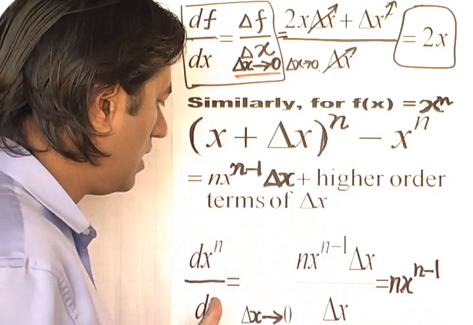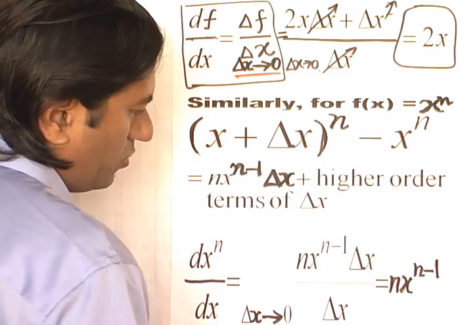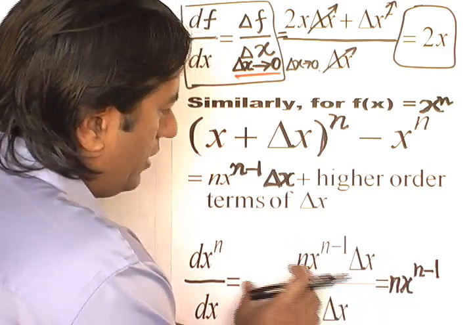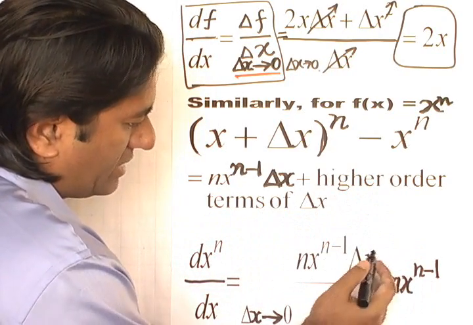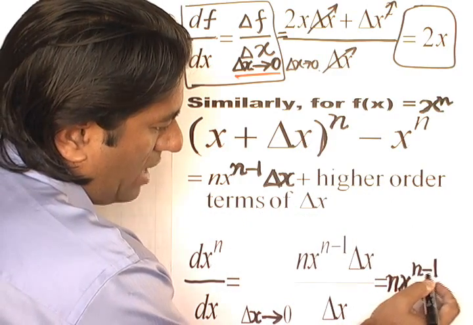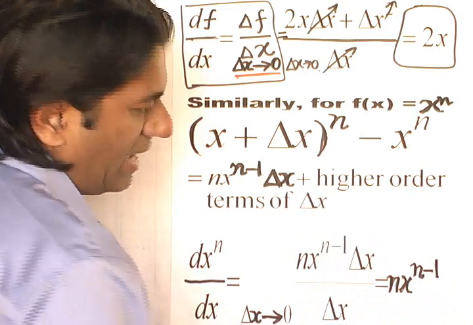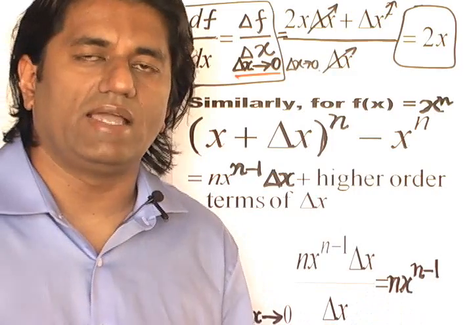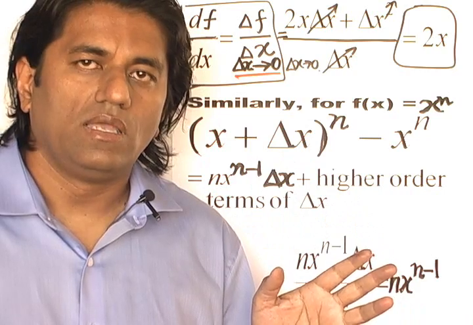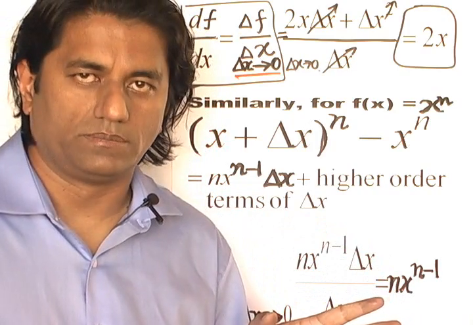Now once again, you can ignore the higher order terms of delta x as delta x approaches 0, because in the numerator you would have this quantity and then delta x and this delta x would cancel and it will leave you n x to the power n minus 1, and then there would also be some higher order terms of delta x, and as long as the power of the delta x term is greater than 0, as delta x approaches 0, that term is also going to approach 0.